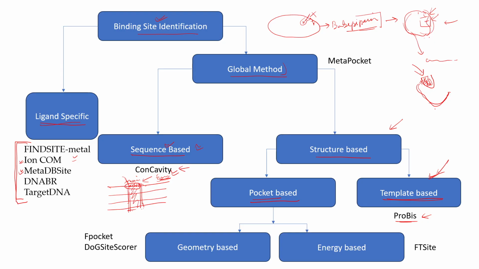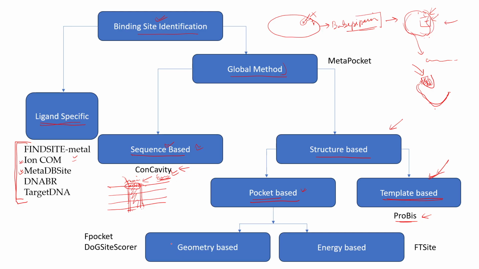So when you say pocket base, you are trying to find the cavities or pockets on the protein surface where binding of the ligand is likely. You can go for a geometry base.